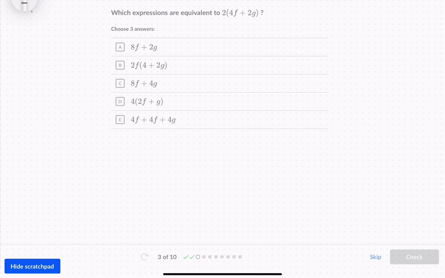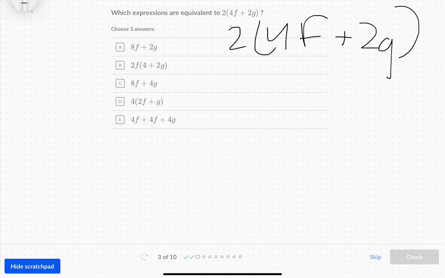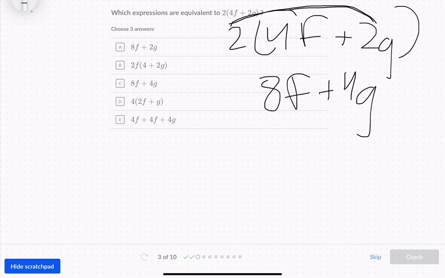We'll rewrite it over here. When we multiply, 2 times 4 is 8, and we keep the variable. And then 2 times 2g is 4, and we keep the g. So 8f plus 4g.